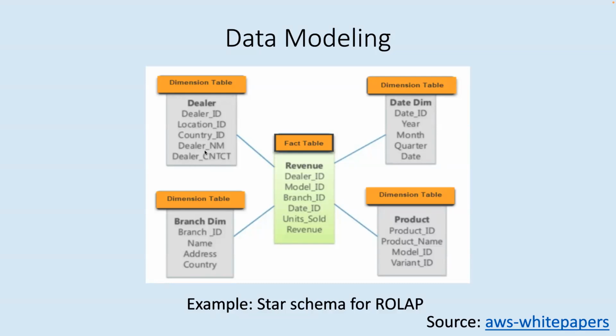In a typical OLTP system, these would be further normalized into another table. Whereas here it's not normalized a lot, but this is more of a relational type of modeling for data warehouse data.